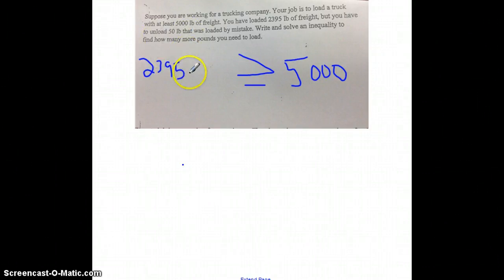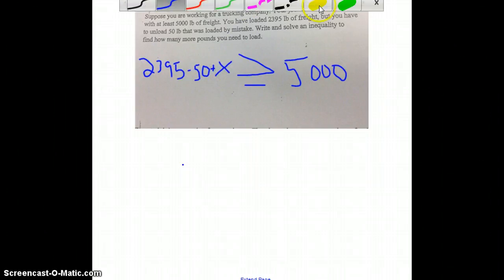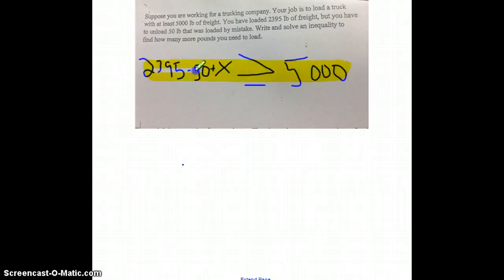We do have to unload 50. Then we still have to add on some other amount that we just don't know yet, but that's what we're going to have to figure out. So there's our inequality to start with. And then let's go through and solve it.